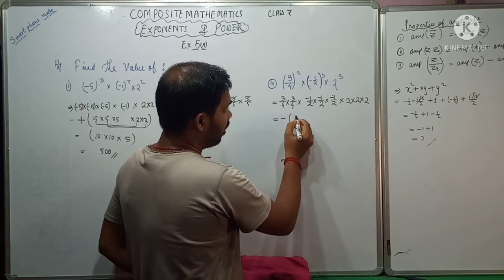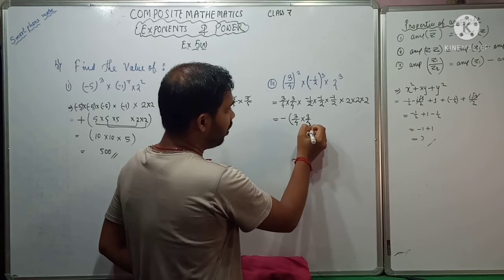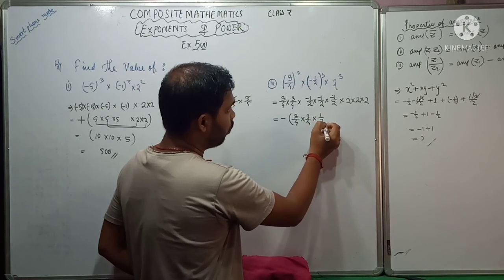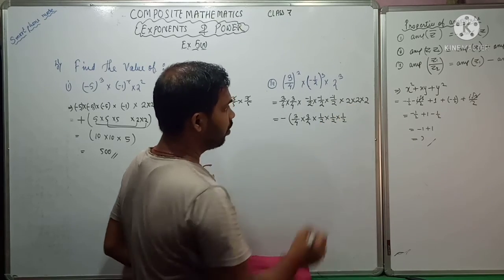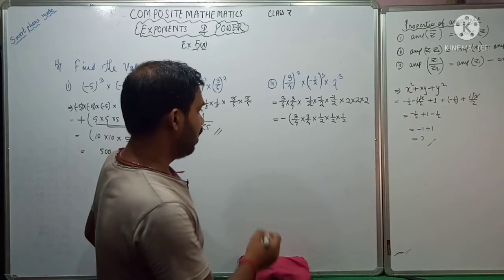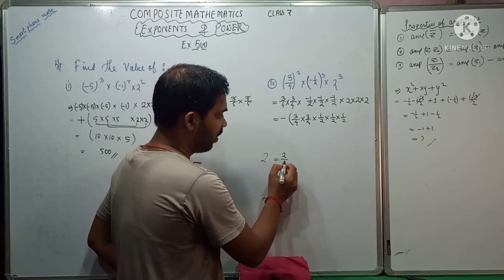Okay, next, since it is a fraction, we can cut, but first I will write it like this: 3/4 into 3/4 into 1/2 into 1/2 into 1/2. And whenever I tell any number, you have to understand that this number has 1 as a denominator.